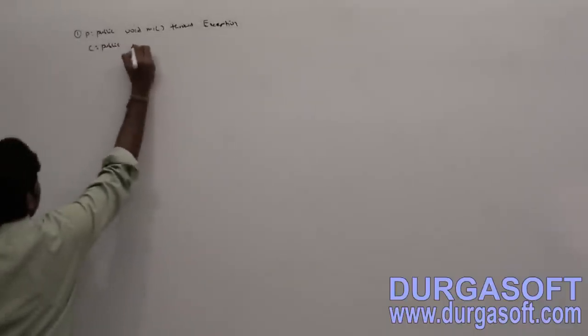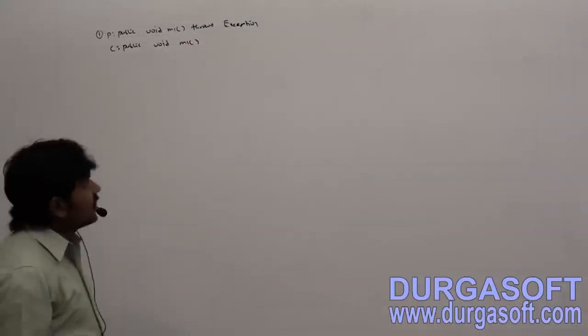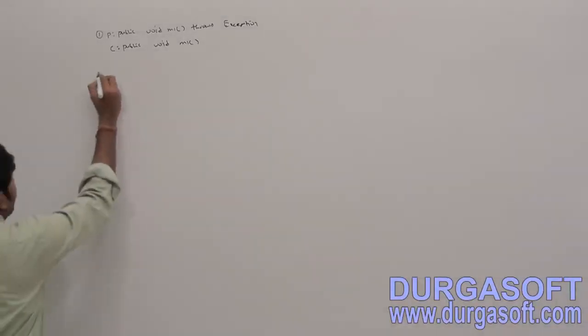The child class method is public void M1. That's all. The parent class method throws Exception, and the child class method doesn't throw any exception. This is the first one.